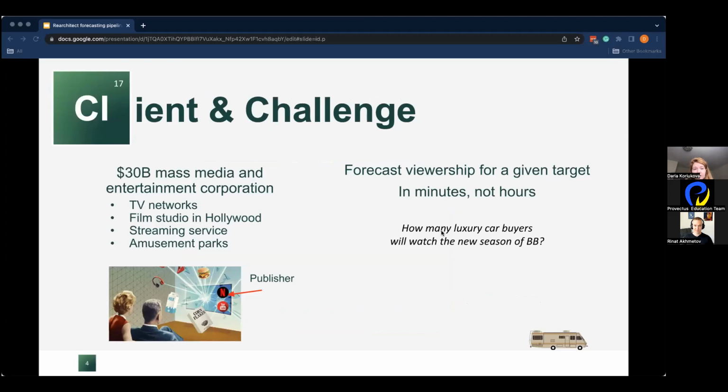And diving more into who our client is and their challenge. Speaking in terms of the previous slide, we are a publisher, so we produce content. Think of Netflix, YouTube, or digital media. You can think of us as all of that at once, and we are a $30 billion mass media and entertainment corporation.